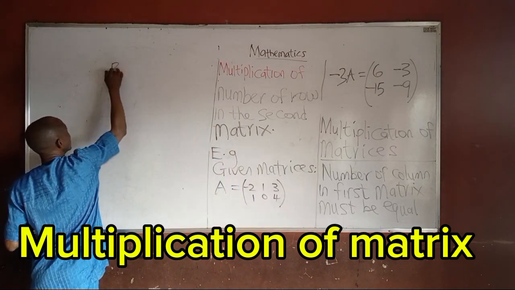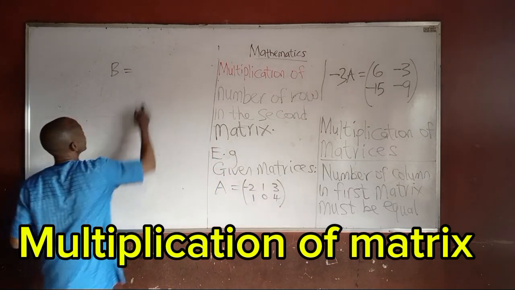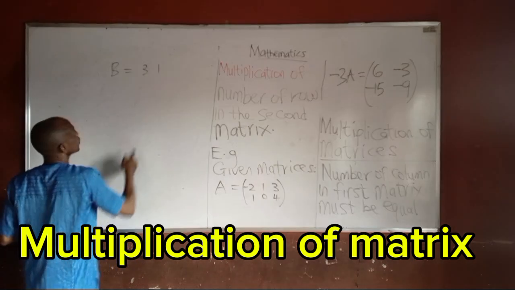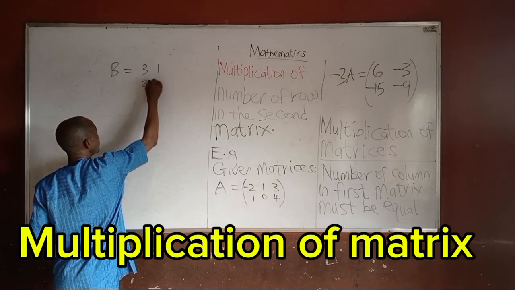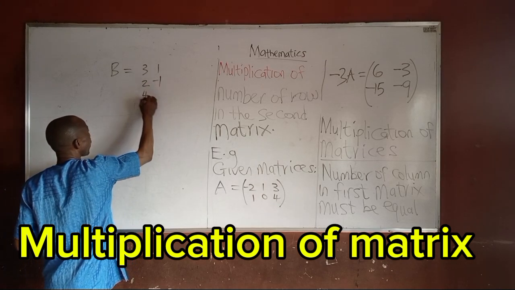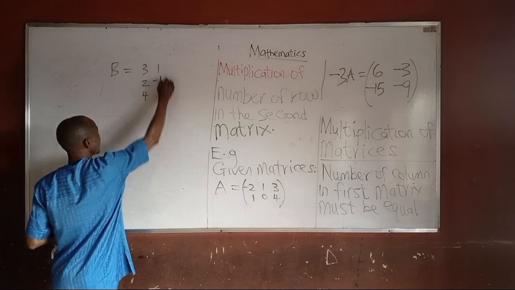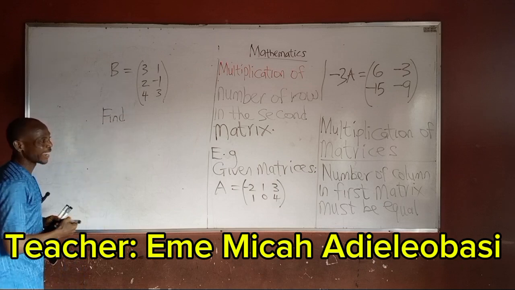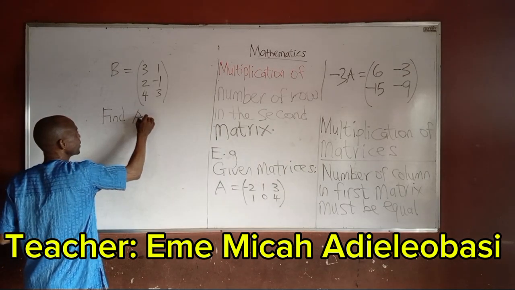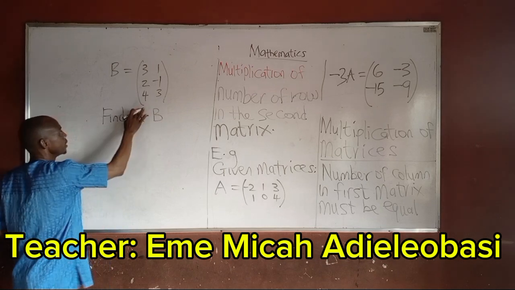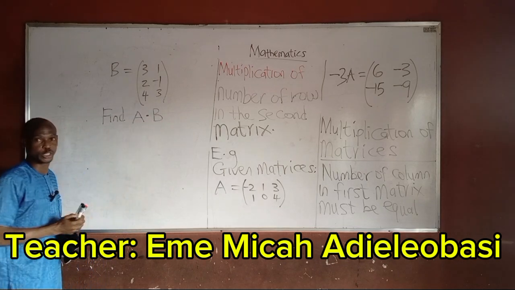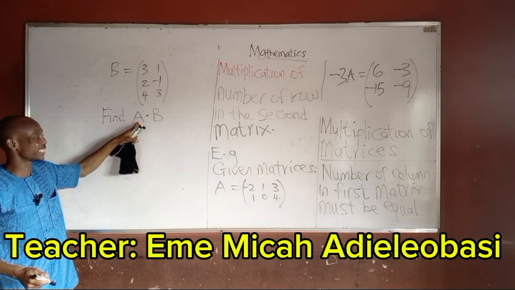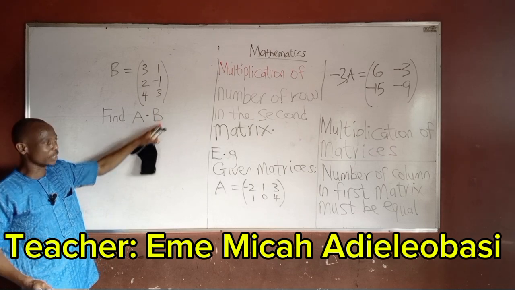Then given B, 3, 1, 2, -1, 4, 3. You have to find A times B. This dot here is used to represent multiplication when we are carrying out matrices. We are saying multiply matrix A times matrix B.